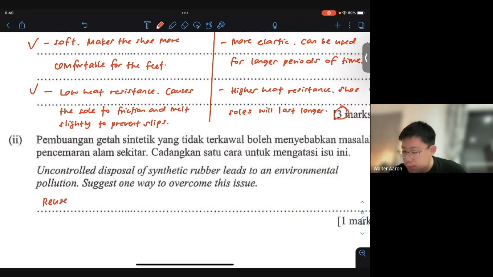For example, you can say here, reuse the tires, reuse the rubber.